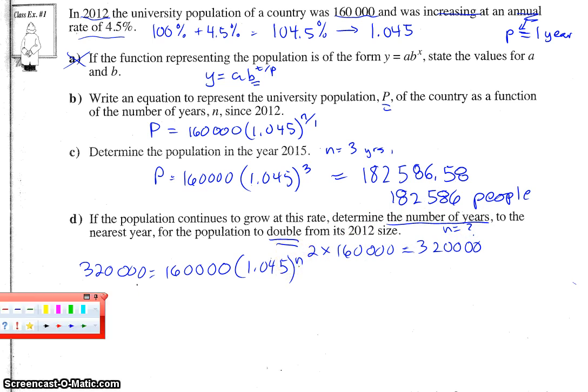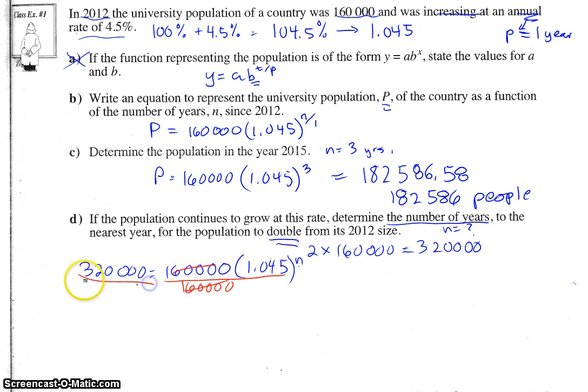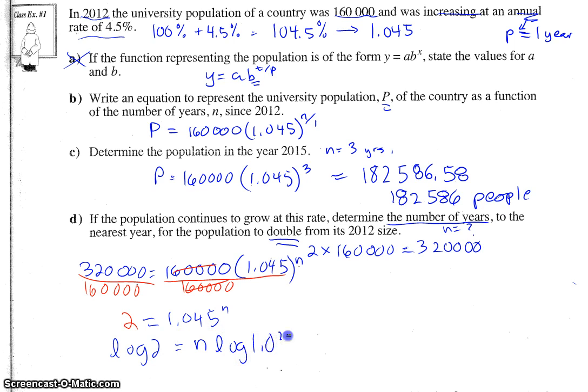All right, so we need to solve this. First thing we'd want to do is divide both sides by 160,000 so that we can isolate our power. So we would have 2 equals 1.045 to the n, and then we're going to log both sides so that our exponent of n can come down front.